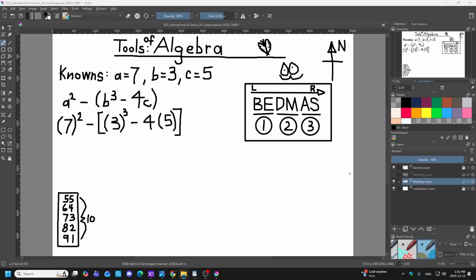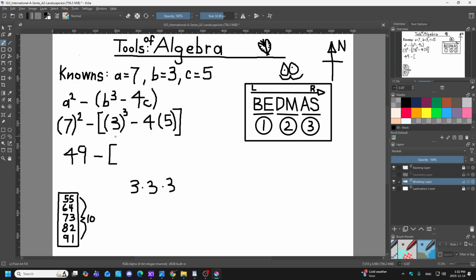Let's continue. 7 squared is the same as saying 7 times 7, which is 49. Okay? Don't forget your subtraction sign. I'm going to continue using the square brackets just for now. 3 cubed. What does that mean? That means 3 times 3 times 3.